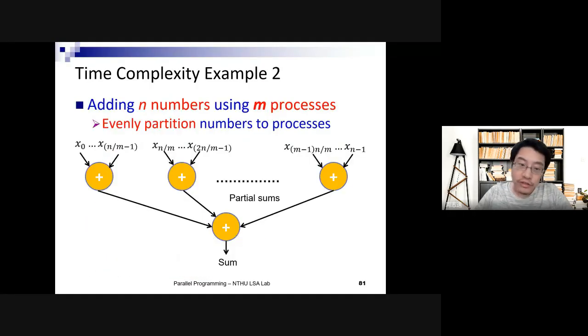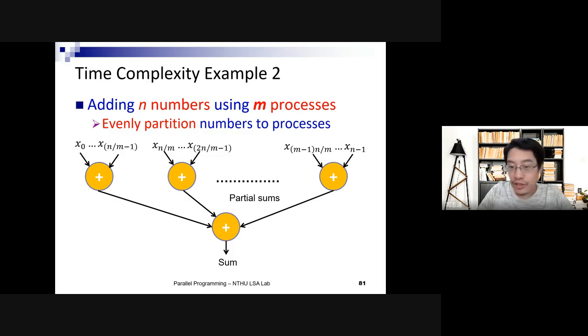Now, to make it more interesting, let's see the impact of parallelism. We generalize that solution to m processes, or m processors. The idea is basically the same. Instead of dividing the numbers into just two parts, we divide them into m parts now, and everything else remains the same.